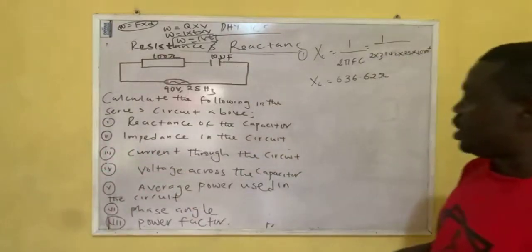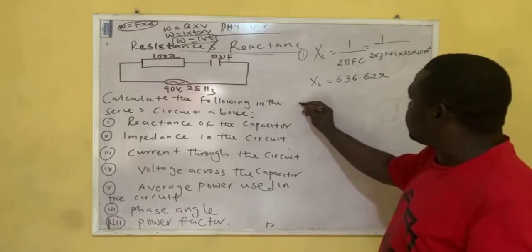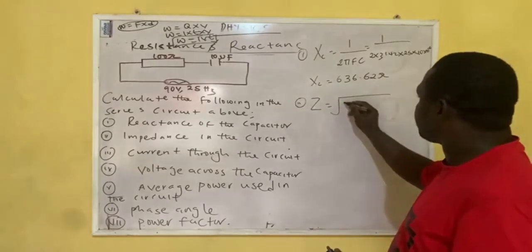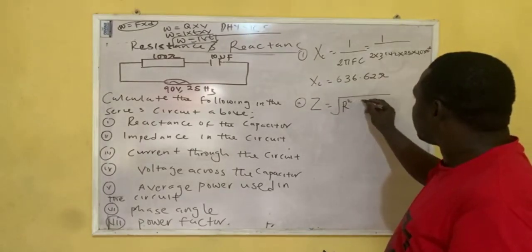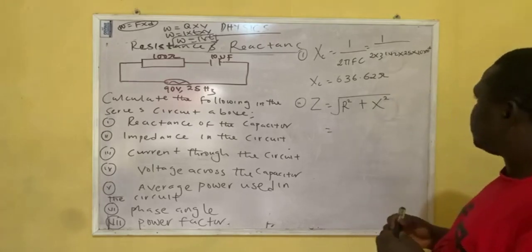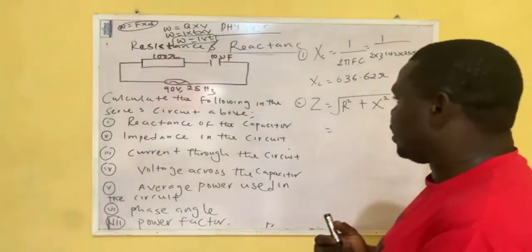Number 2, the impedance in the circuit. Impedance has to do with what now? So let's look at this.